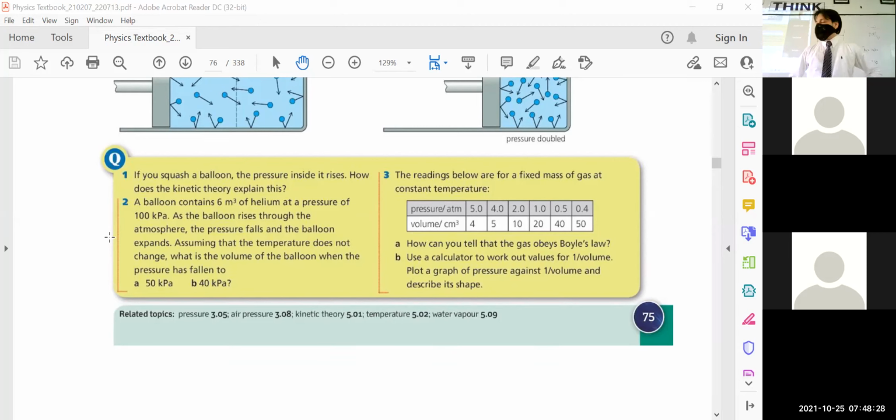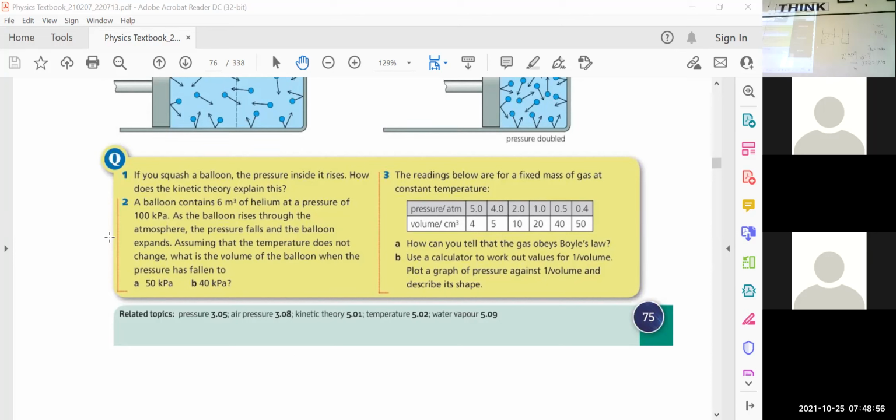Question number 2, children. In question number 2, a balloon contains 6 meter cube of helium at a pressure of, I don't know that, students. Is this visible on the Zoom? This question.